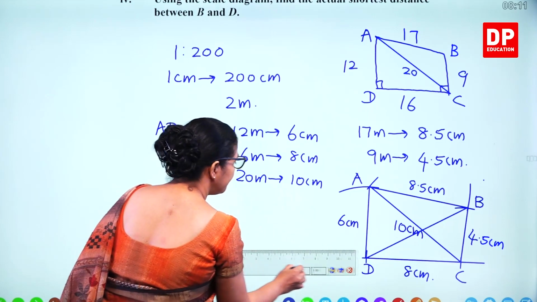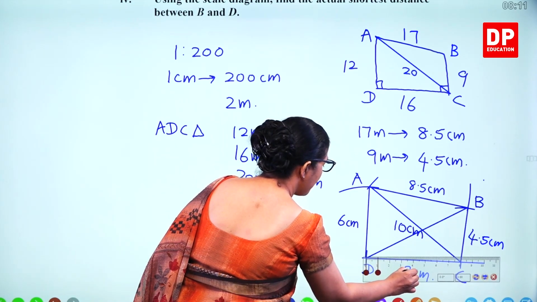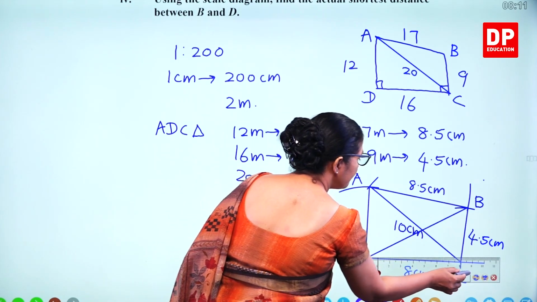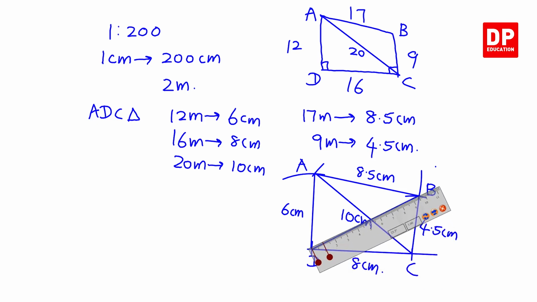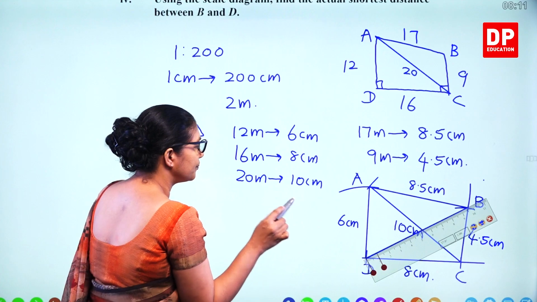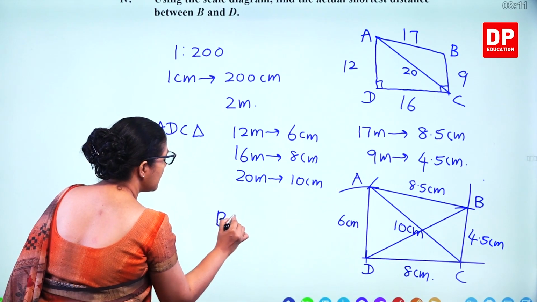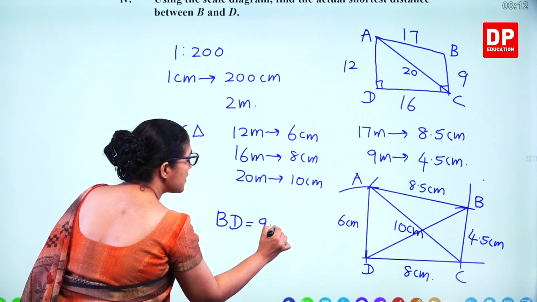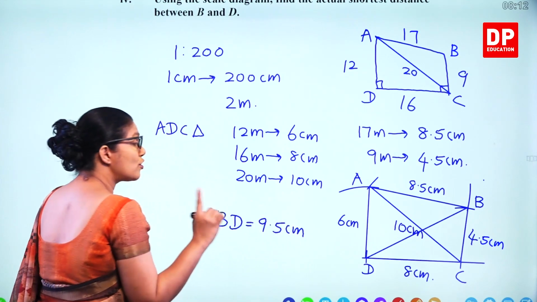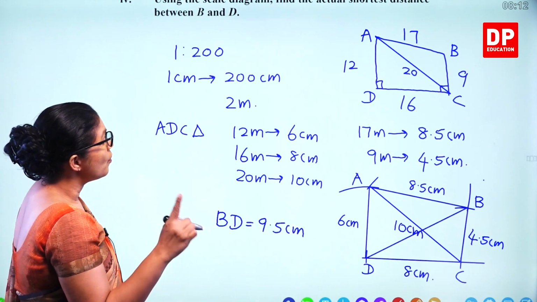BD length we can measure from here. So what's the BD length? 9.5. BD is 9.5 centimeters.